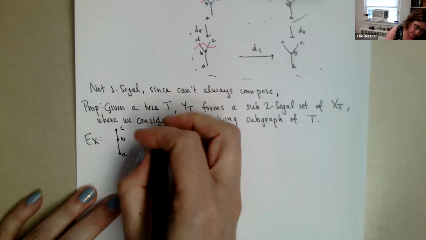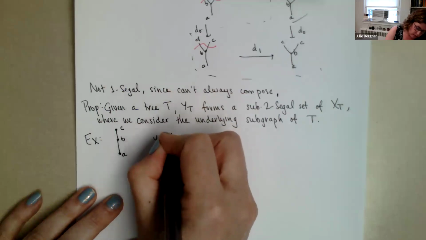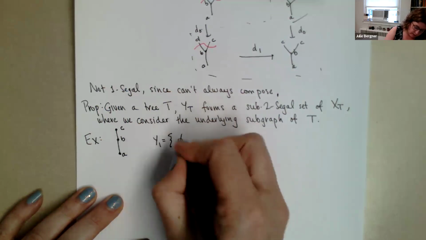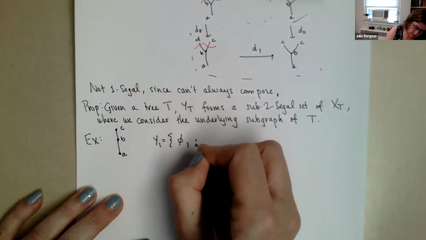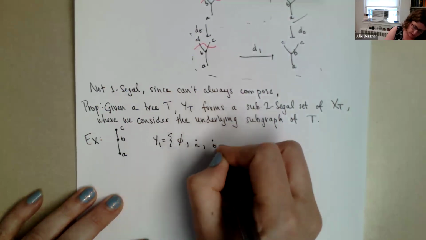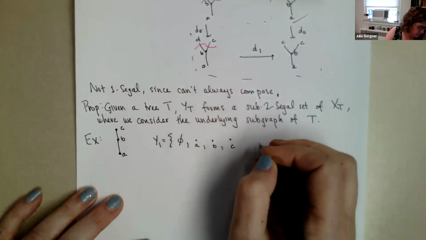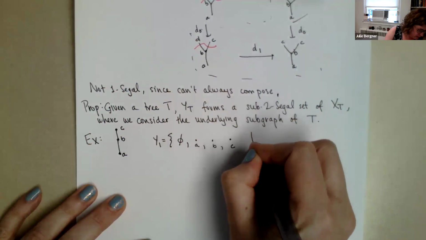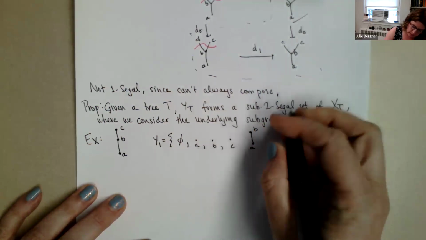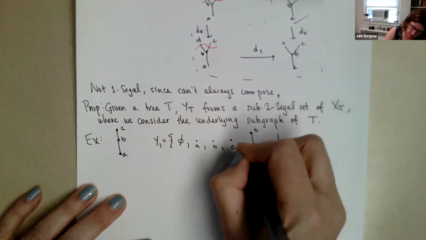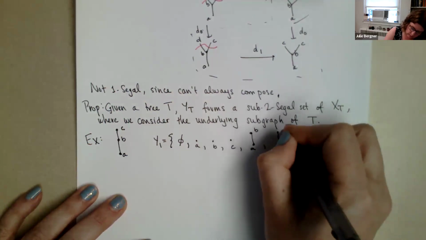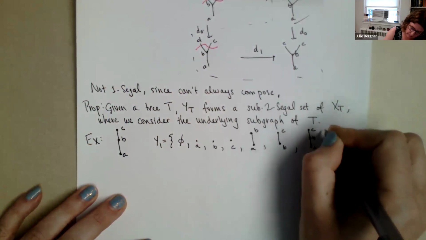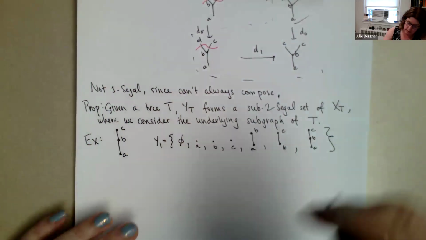And so now Y1 is going to consist of the empty subgraph, the vertices by themselves. I can always get those from cuts here. And then I have the subgraphs with just singleton edges, or I have the whole thing. Okay, but that's it.